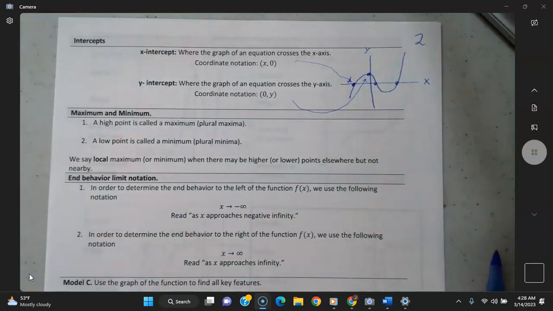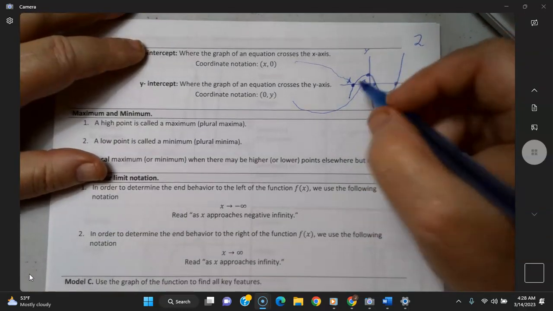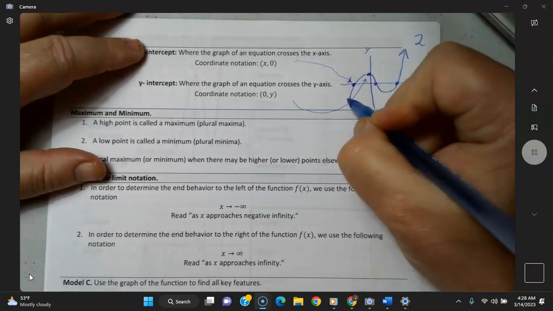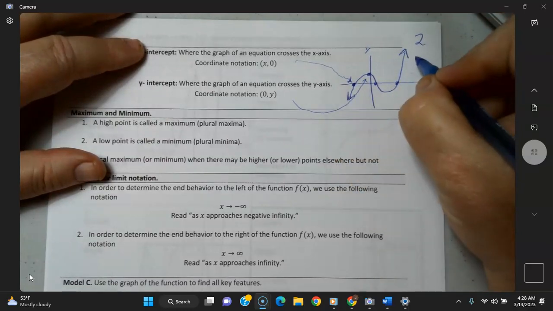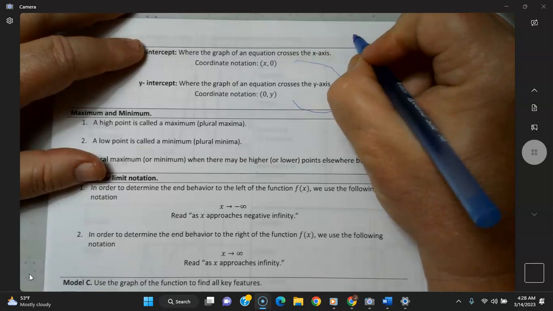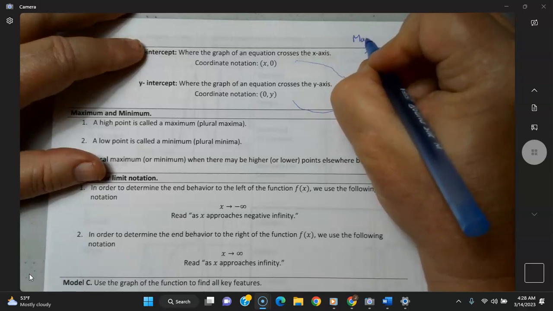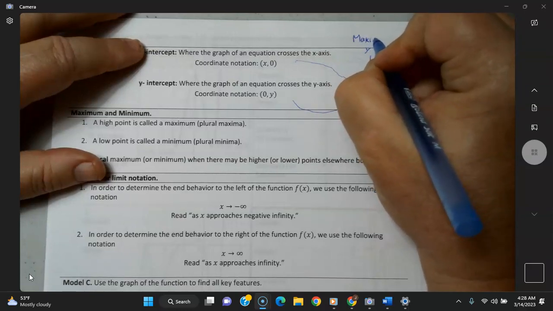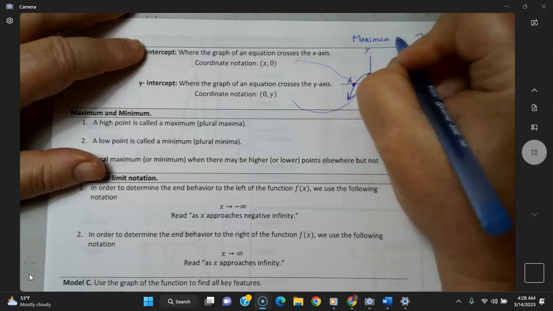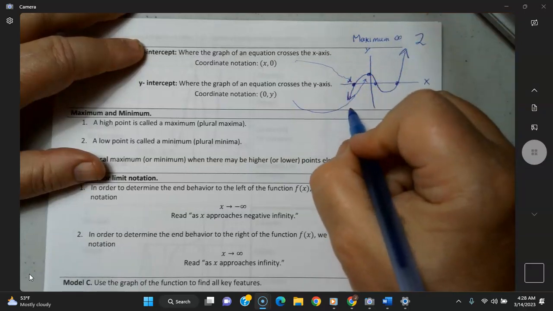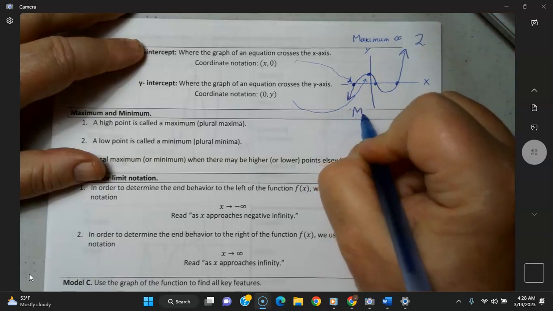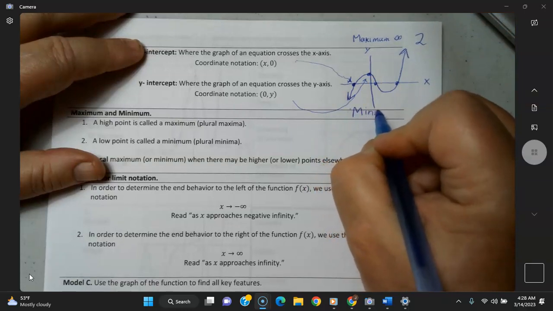Okay, the maxima: this graph is going up forever and down forever. So the maxima, or maximum, is infinity, and the minimum is this down here. It goes down to negative infinity.